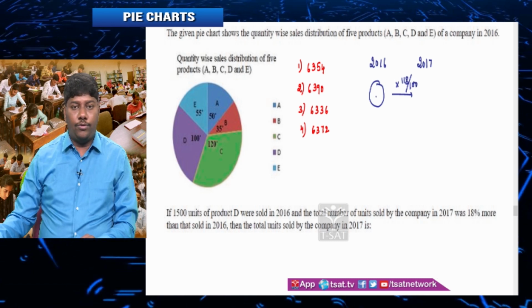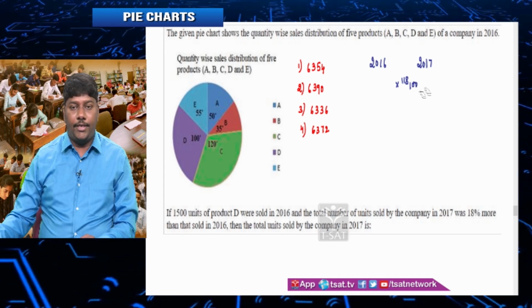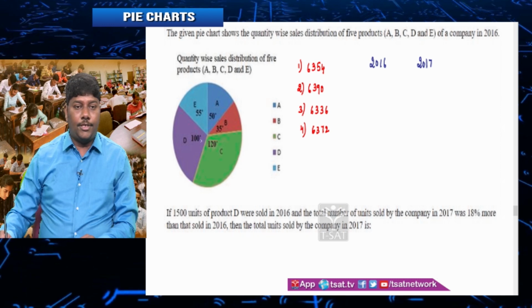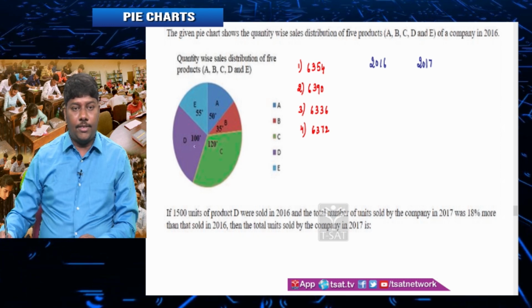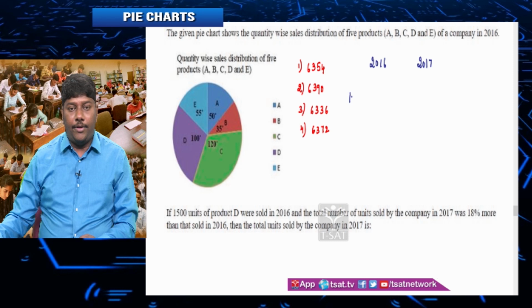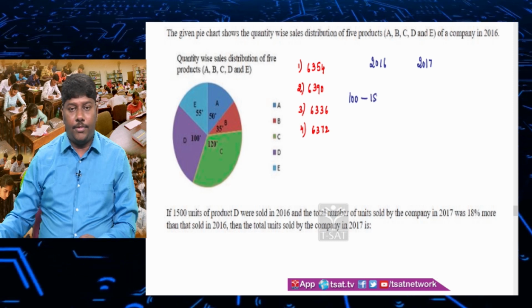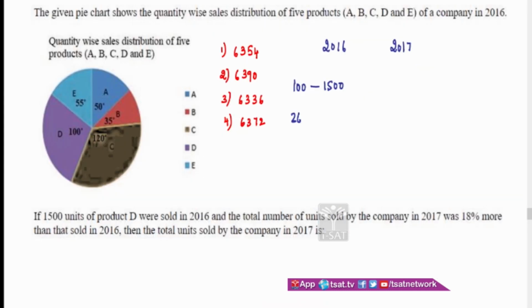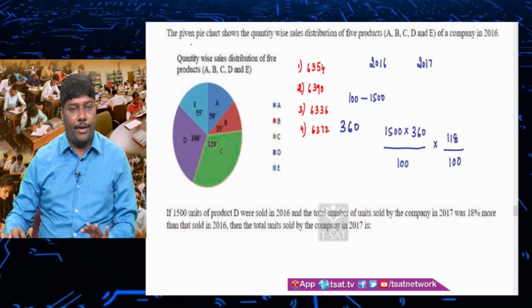Now how do I find out the total in 2016? That is simple. 100 degrees is given as 1500. If 100 degrees is 1500, then what is 360 degrees? That is 1500 into 360 divided by 100. This is the total data in 2016, and you are increasing it by 18%. This is the total data in 2017. In one single equation, I am writing everything here.